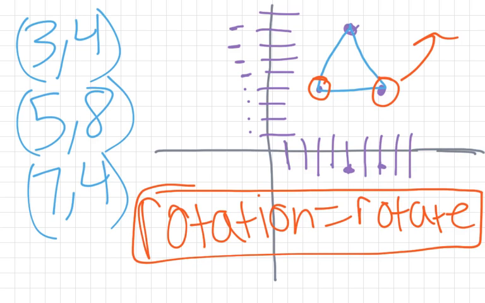Okay, so let's say I did this, and that's my new point. Okay, those are my two new points. So I rotated this figure around one point that stayed the same. And that point that stayed the same would be your 5, 8. That coordinate would not move. The other two do. Does that make sense? I sure hope it does. Okie dokie. One last one.